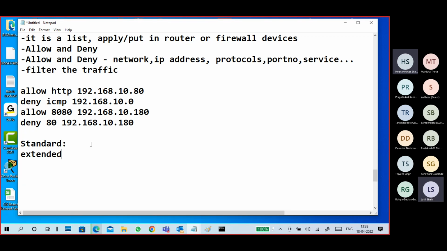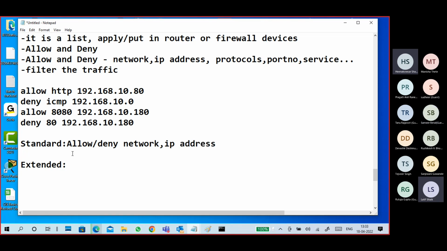Standard access list, extended access list. What is the standard access list? Usually through a standard access list we can allow or deny, and you can use it for an IP network or IP address only.